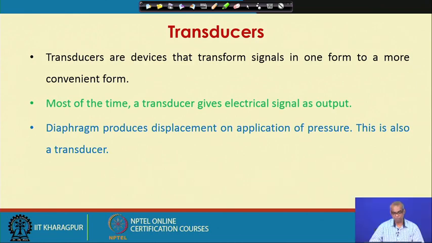Let us say a diaphragm will produce displacement on application of pressure. If I consider a diaphragm like this, say a thin metallic diaphragm, and let us say it is a closed container, I apply pressure. If I apply pressure, the diaphragm will deflect like this. So, it deflects by this amount.